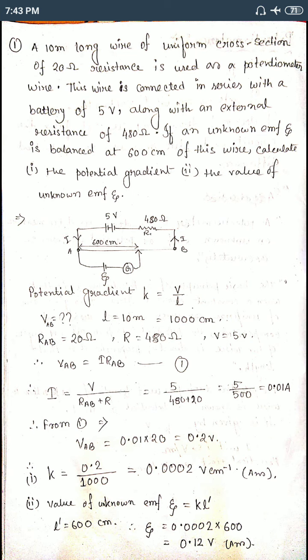That's why we first find out I, and we use equation number 1: VAB equals I into RAB, because we find the voltage across the points AB. The wire also has one resistance, that is 20 ohm. So we use only that resistance, not the external resistance. If you draw this circuit diagram, it is clear how you can find it out and what formula you can use step by step.